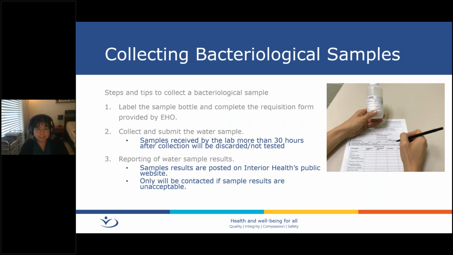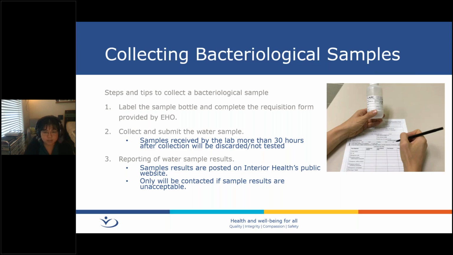And so when we're collecting bacteriological samples, they are being tested for total coliform and E. coli. So in Interior Health, we provide requisition forms to a water supplier. So here are some steps and tips for when you're collecting a bacteriological sample. On the requisition form, make sure you fill out all the necessary information, as well as on the sample bottle.